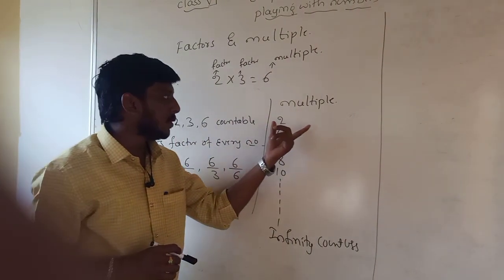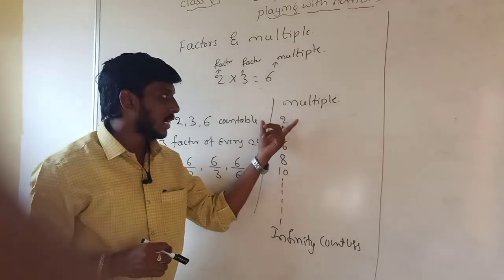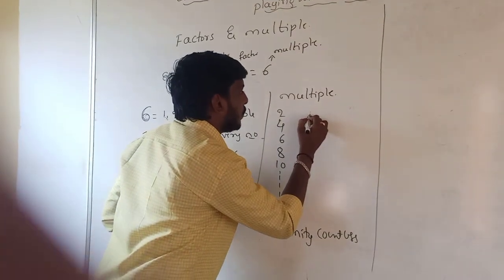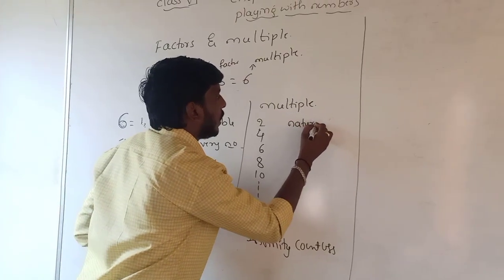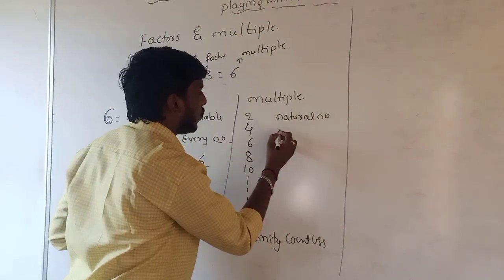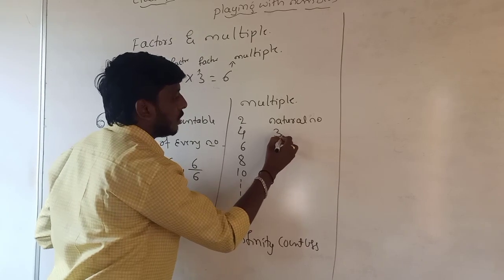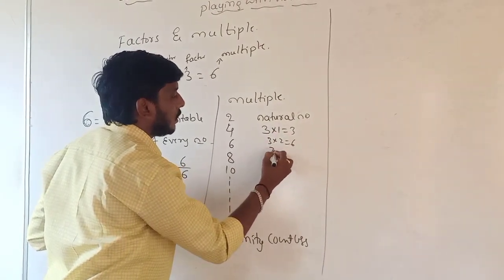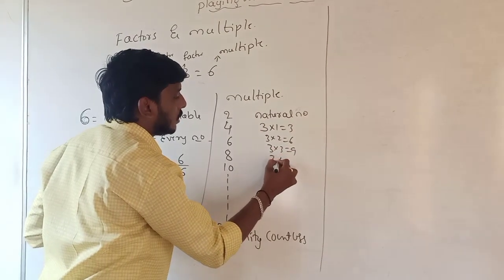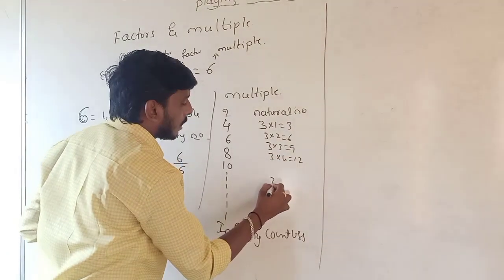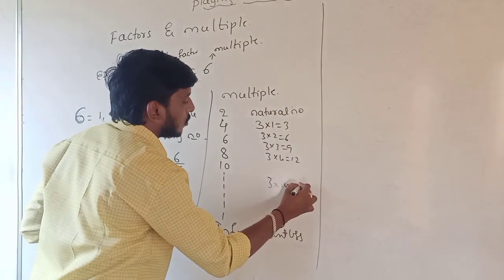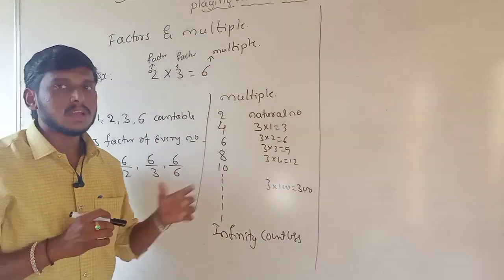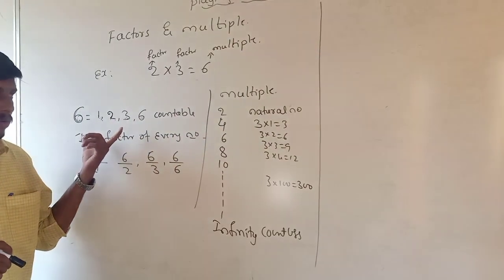Multiple is obtained by multiplying a number by natural numbers. If you want multiples of 3: 3 ones are 3, 3 twos are 6, 3 threes are 9, 3 fours are 12. Like that you can go on for any number. So multiples are uncountable, factors are countable.